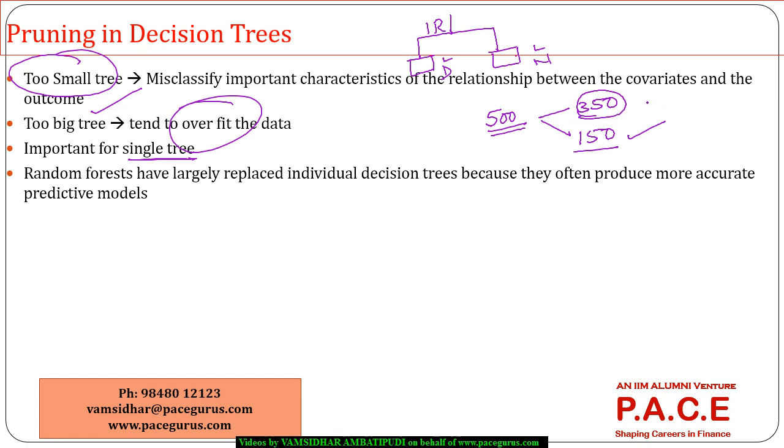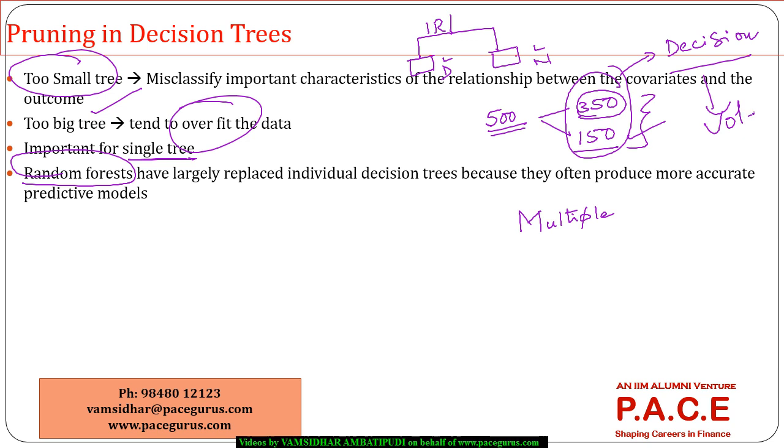But nowadays, pruning is not that much required because we have the concept of random forests, wherein multiple trees are built, not just one single tree of 350, 150. There are multiple trees of 350, 150 that are built. So multiple decisions come out, and the actual decision is taken based on a voting process.